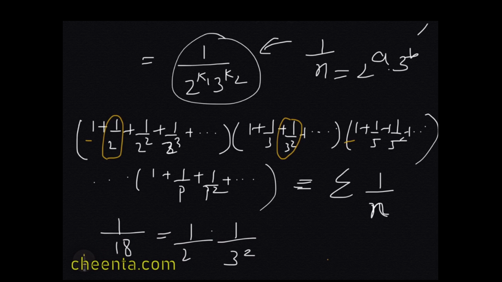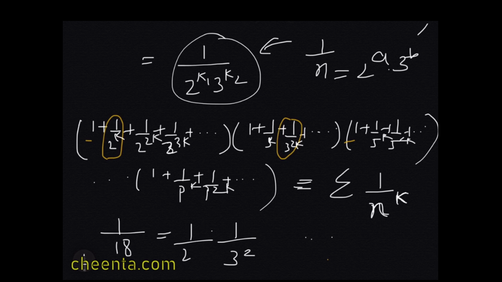But this infinite product is not convergent. So we have to take the powers of k. To get convergence for k greater than 1, every 2 power will become 2 power k, 2 power 2k, 2 power 3k, 3 power k, 3 power 2k, 5 power k, 5 power 2k, and so on.